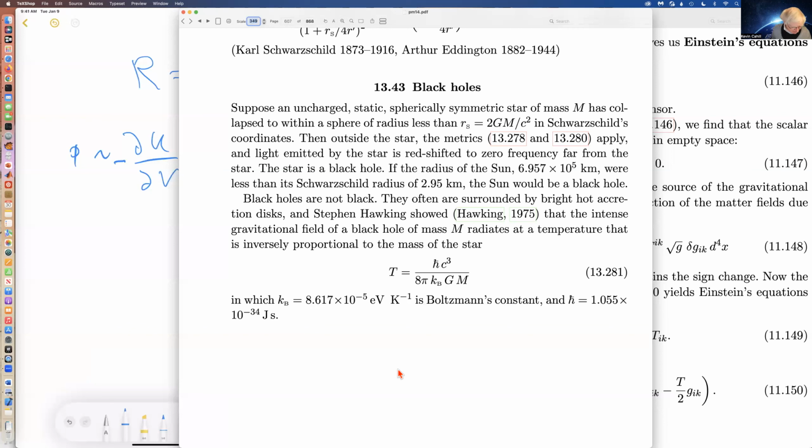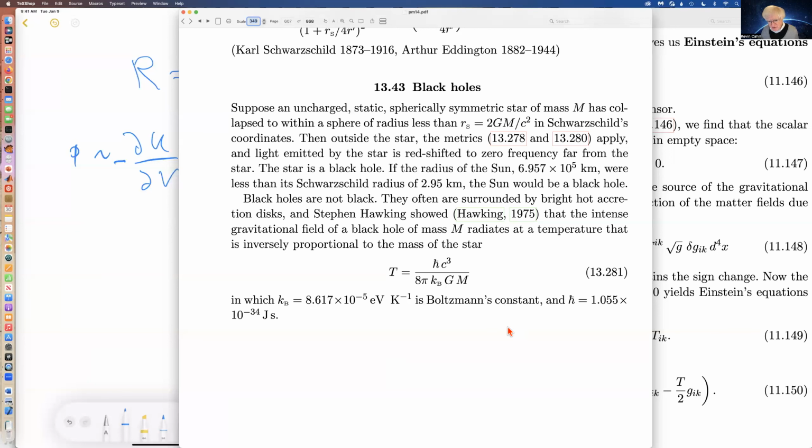I was actually at the time in Paris when he gave the colloquium, but I only learned about the colloquium the day after he gave it. So all I saw was the notice, and I remember the title, Les trous noirs ne sont pas noirs. Black holes are not black. I don't know if he gave it in French, but that was the French title.